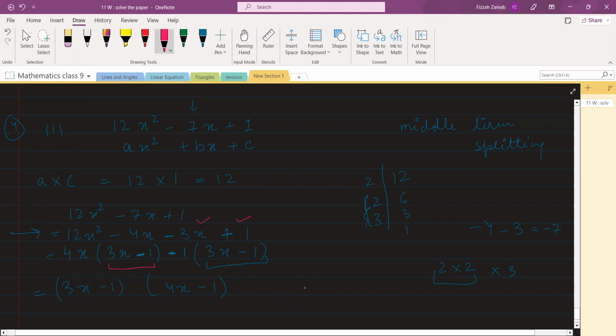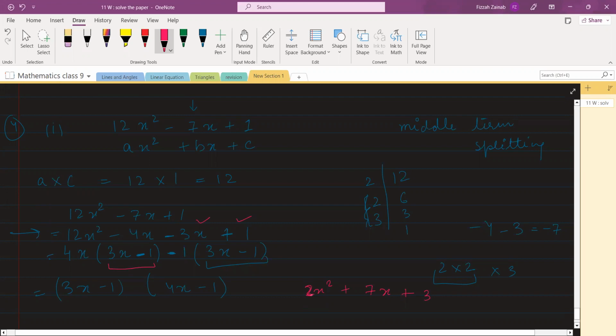The second part is 2x square plus 7x plus 3. What will you do first of all, Zeba? First, multiply 2 and 3. This is 6, so the prime factors of 6.